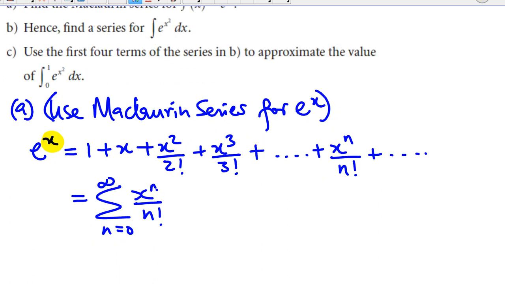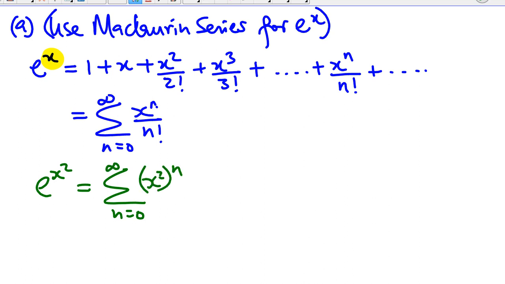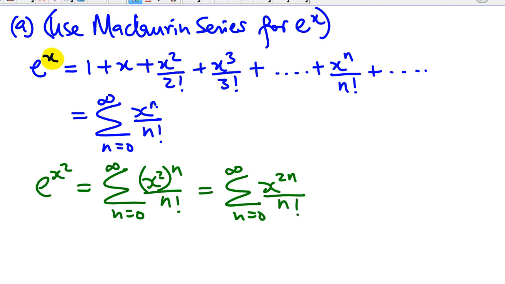So what we'll end up with is the expansion for e to power x squared equal to the sum from n equals 0 to infinity of x squared to power n over n factorial. And this can just be written, in simplified form, as the sum from n equals 0 of x to power 2n over n factorial.